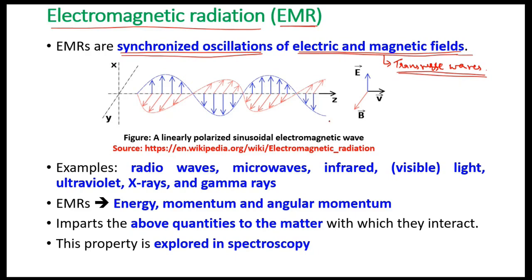Yeah. So these are also regarded as transverse waves. So what are transverse waves? Can anyone let me know? No? Okay. So suppose we have a pond, and in the pond I throw a stone.